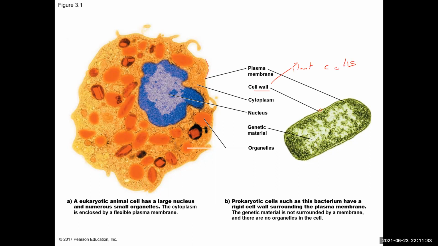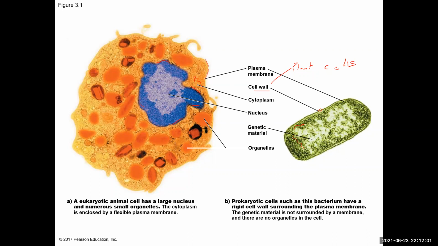You also have cytoplasm in this area. You have cytoplasm in this area. Here you have the nucleus, which is this purple blob here, and it's bound by a membrane. And that's where the genetic material is found. In a prokaryotic cell, that genetic material is not concentrated in a membrane, it just floats around inside that cell.